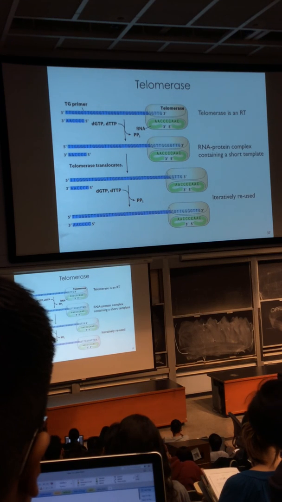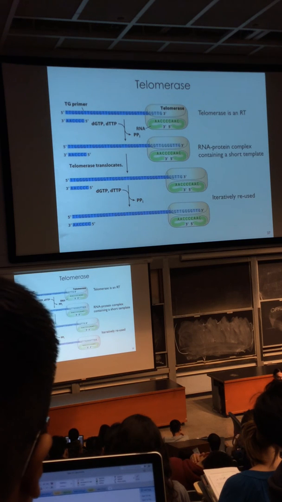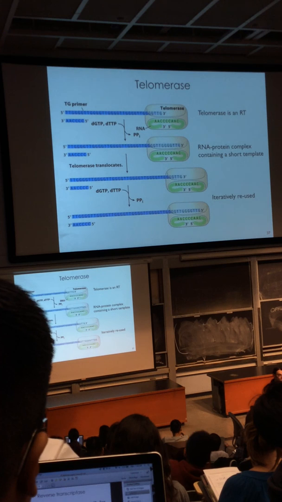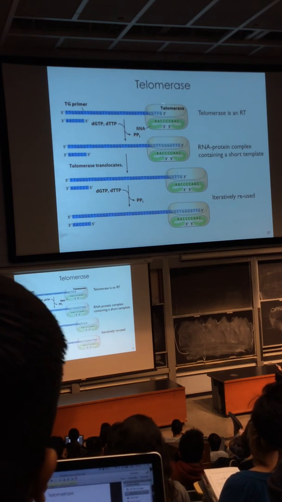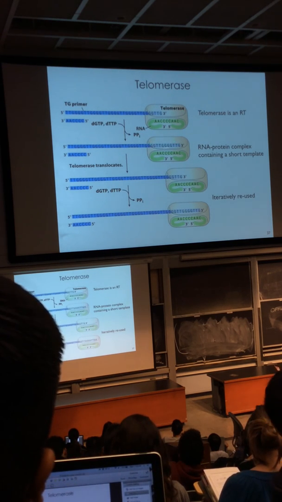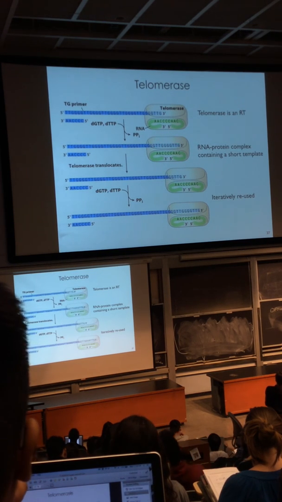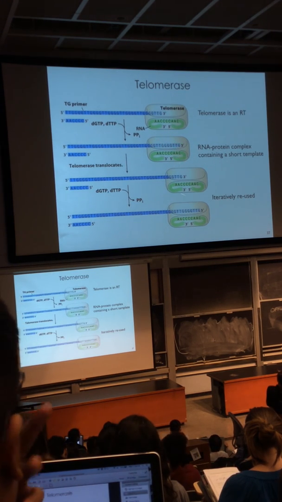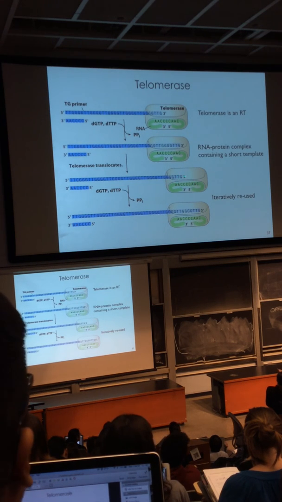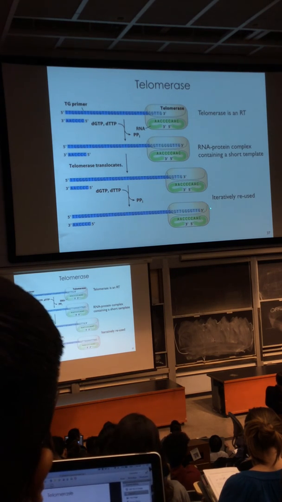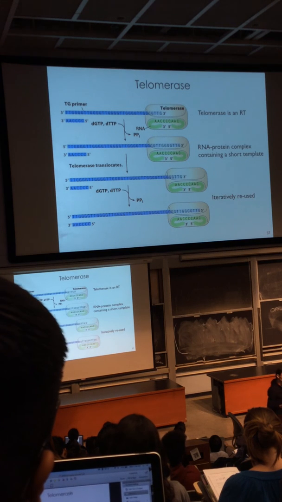Telomerase is a ribonucleoprotein particle that includes the telomerase reverse transcriptase as well as the telomerase RNA, which is embedded in this complex and serves as a template for the synthesis of repetitive DNA, this TTGGGG DNA shown here. It will synthesize this 6-base repeating unit, and then telomerase will translocate down, prime, synthesize, translocate, prime, synthesize, iteratively reused.